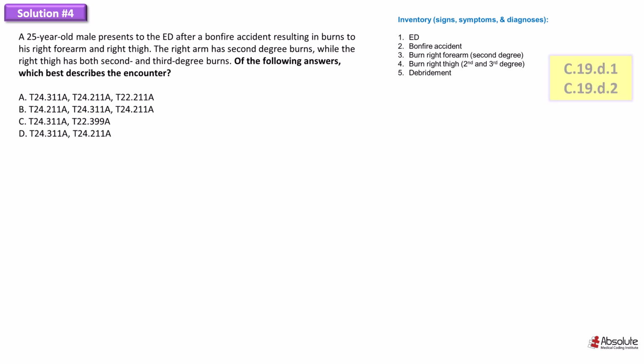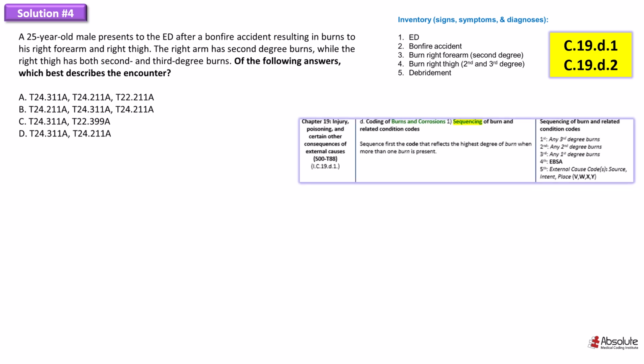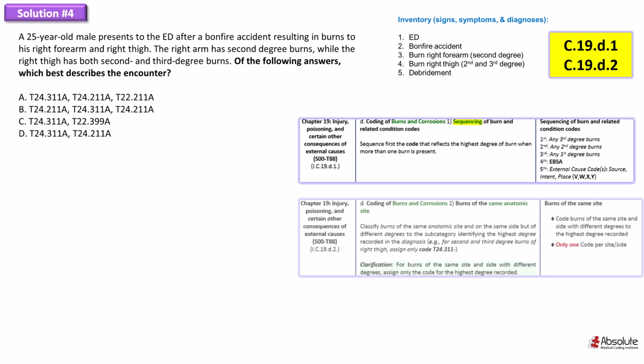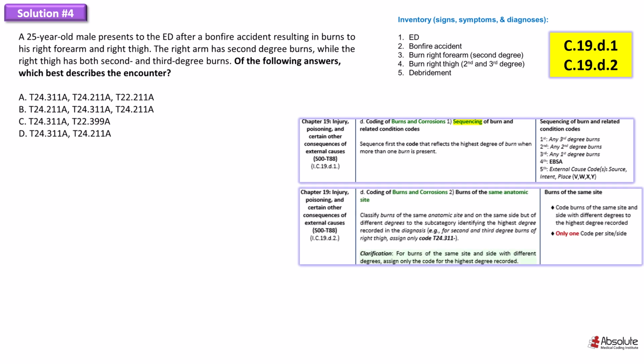The guidelines that I'm going to use are C19D1 and C19D2. D1, of course, is the sequencing order. If I'm always referencing it, it sticks, right? So we know the sequencing order, we've just reviewed it. But C19D2, this guideline is for when you have burns of the same anatomical site.